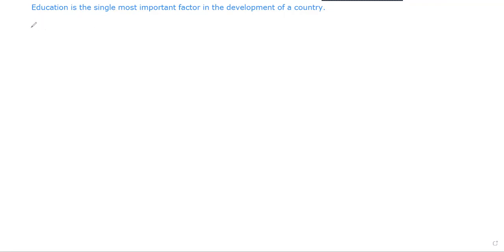Okay, so now let's take a look at some of the synonymous words that we can use for words in this sentence. For some of the words in the sentence we have given, which synonymous words can we use? For example, this word education, right?